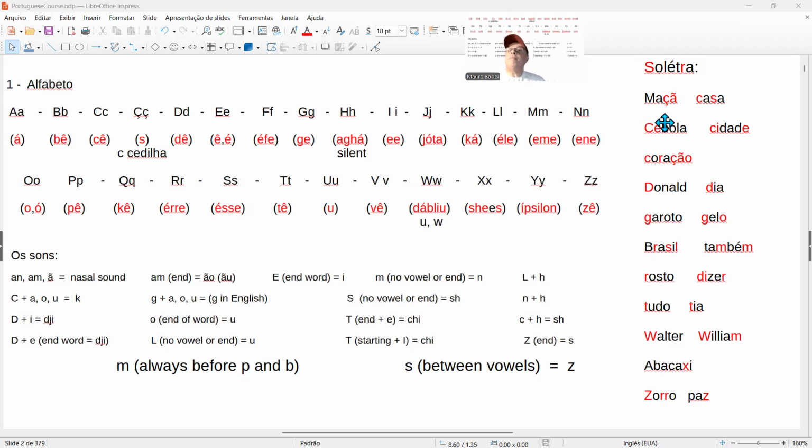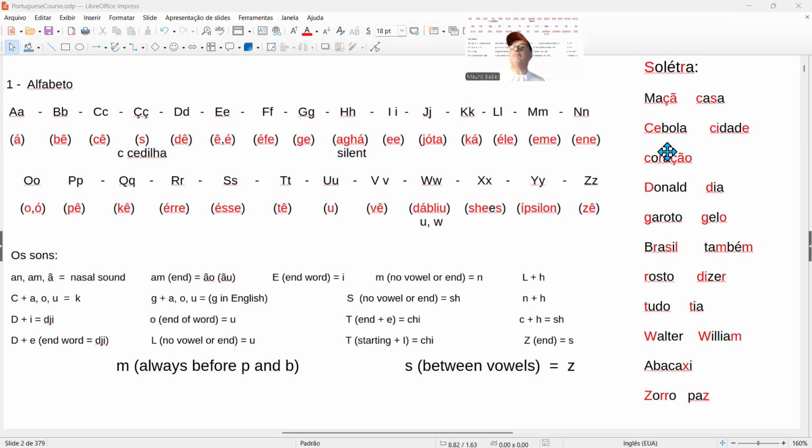Look at this. The cedilha. What is the sound of a cedilha? The sound is S. Normal sound. Cebola. Nothing special here.